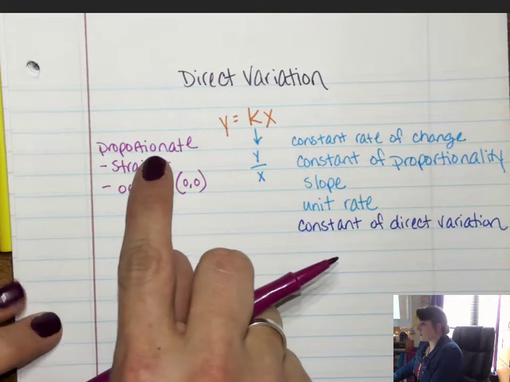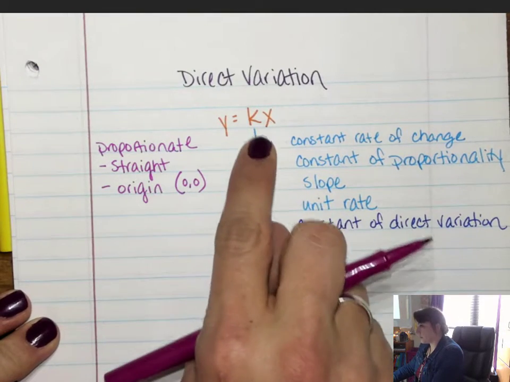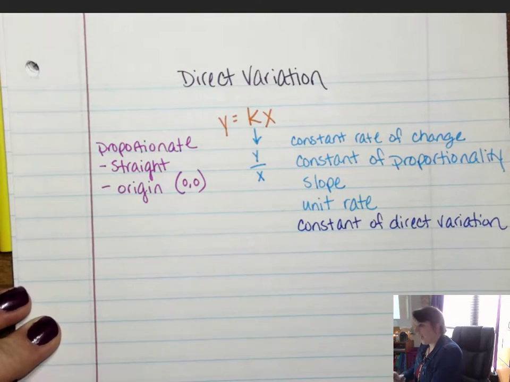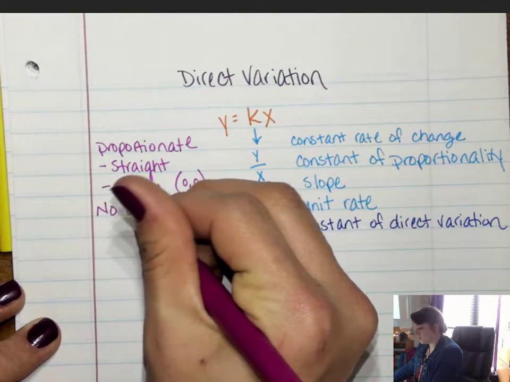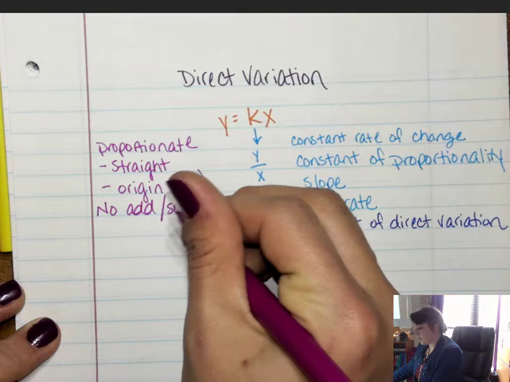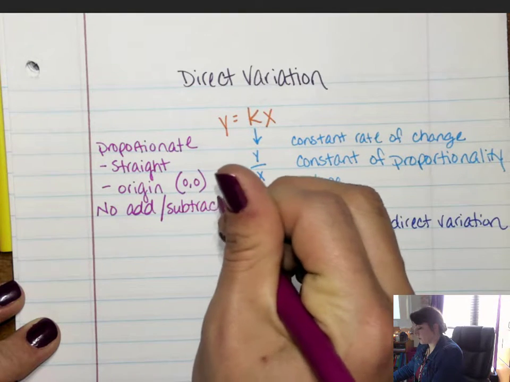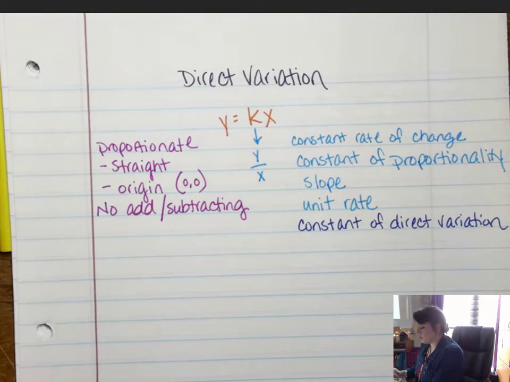In order for something to be proportionate, it has to be multiplying. So there's no adding or subtracting with this relationship. It should just be multiplying.